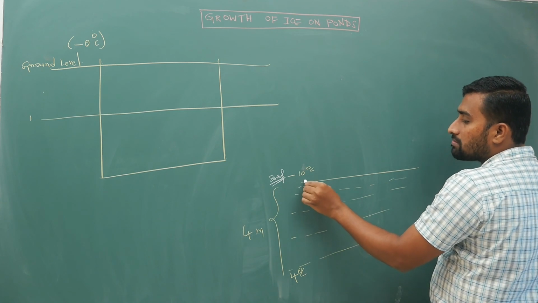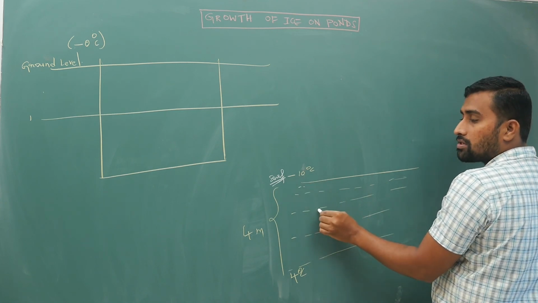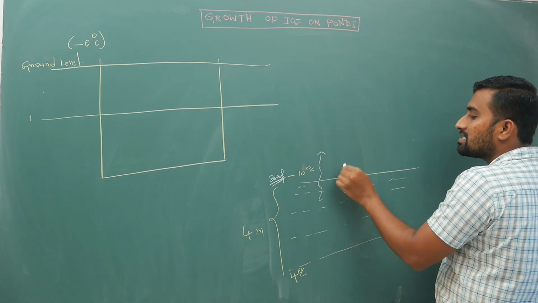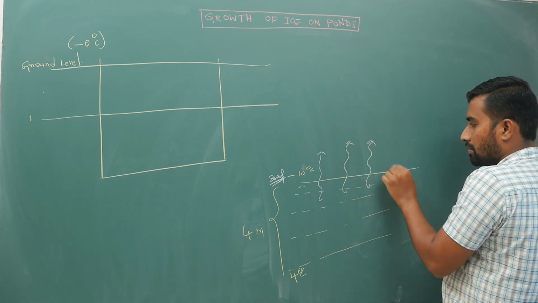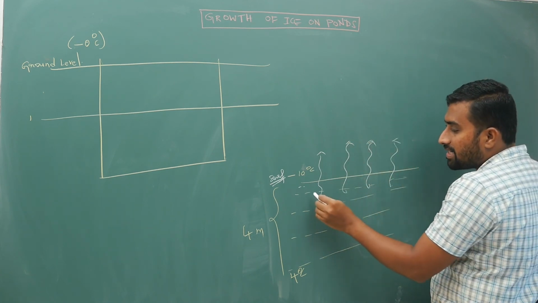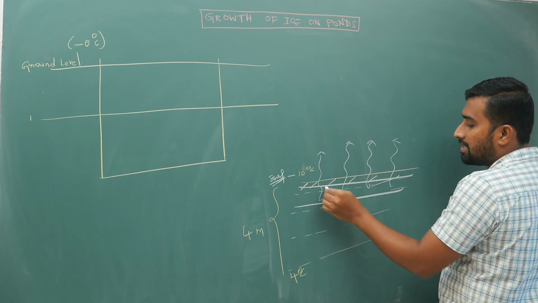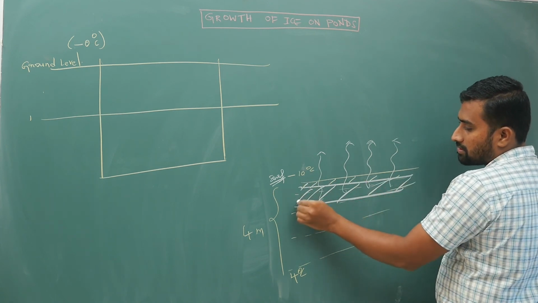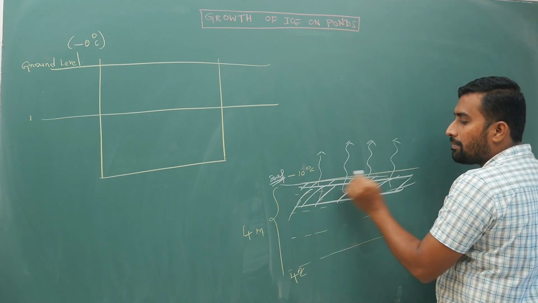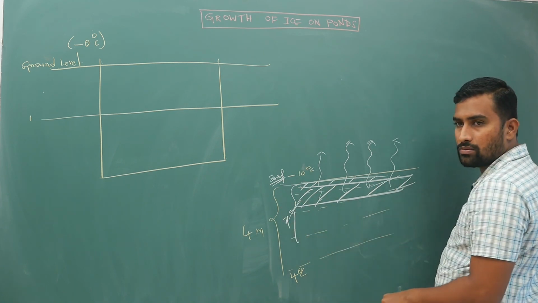From this surface, because of the lower temperature, this is a hot body, your heat energy starts going this way. As heat energy keeps leaving, your ice starts forming layer by layer like this. So from the top your ice will form downwards.